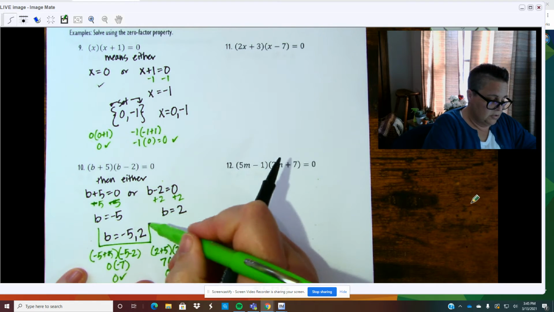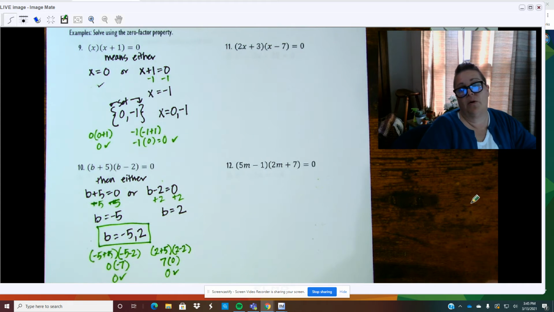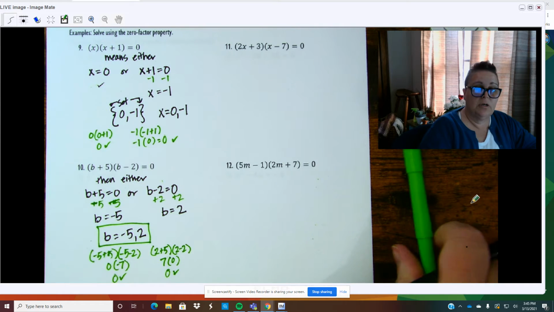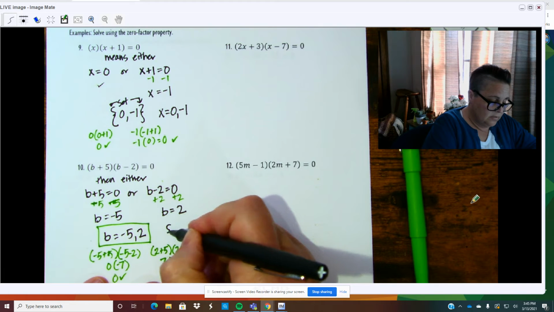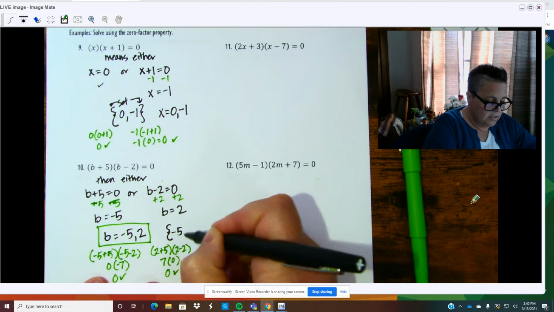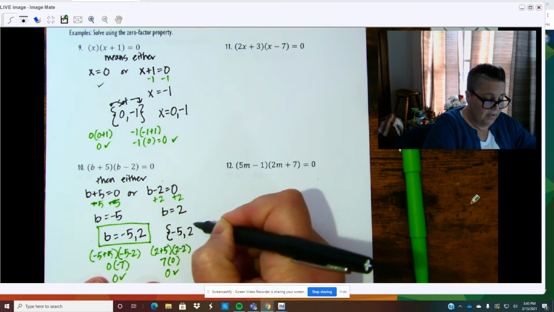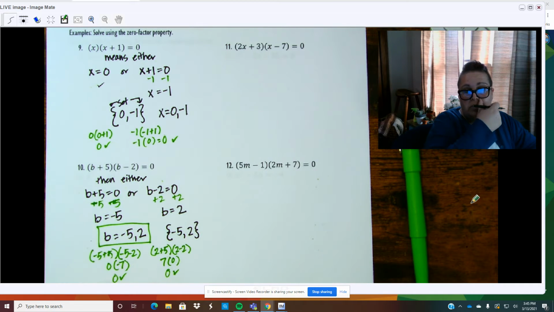Both of these solutions work, so they are both possibilities for my answer. I can write this as b equals negative 5, 2, or I can use the solution set notation of negative 5, comma, 2. Both of these are valid ways to write the answer.